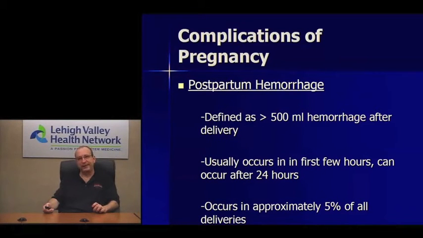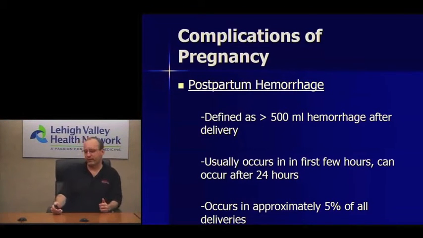It's defined, in case you happen to see this on an exam somewhere, as greater than 500 milliliters of hemorrhage after delivery. It usually occurs in the first few hours, but interestingly enough, can occur up to after 24 hours. There is technically some postpartum hemorrhage in 5% of all deliveries. So with approximately 5% of all deliveries, 5% of those moms are going to lose more than 500 milliliters of blood.